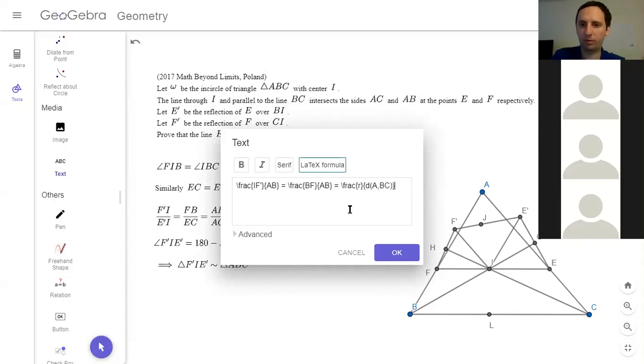So this is the similarity ratio of those two triangles. I'll write it like this: the distance from I to E prime F prime over the distance from A to BC. There we go.